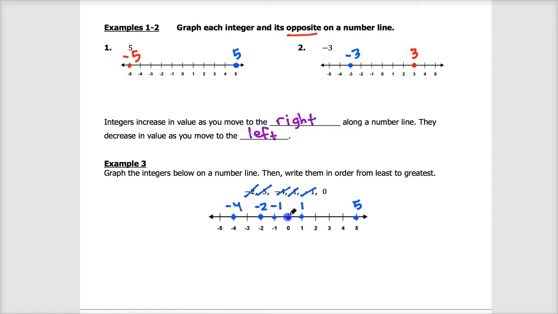And 0 here. Now, in order to list these from least to greatest, we just have to list them from left to right. Negative 4 is the smallest integer in this list, followed by negative 2, and then negative 1, 0, 1, and 5.